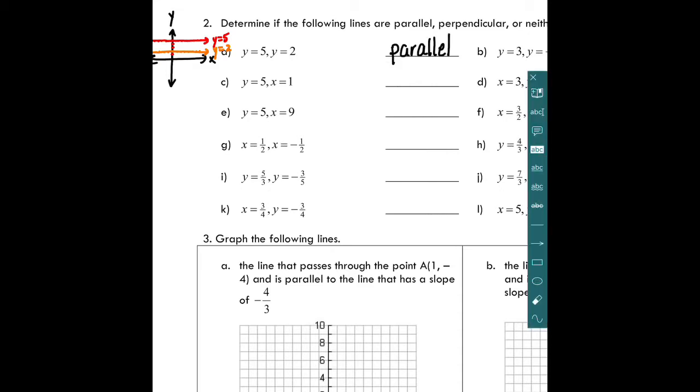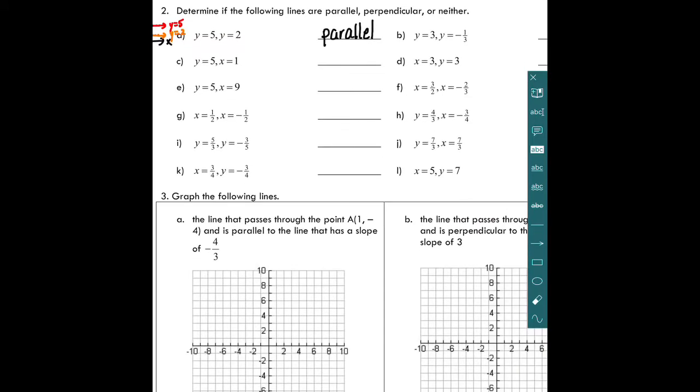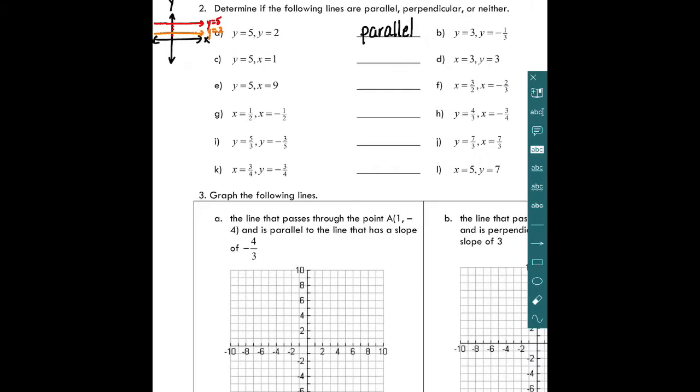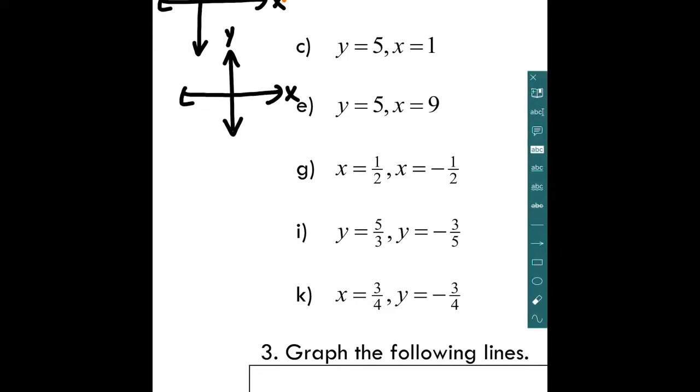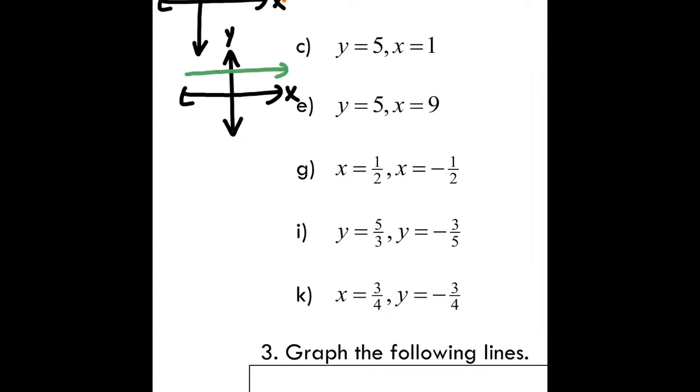Okay, now let's look at the next example. y equals 5, x equals 1. So again, just draw a sketch. Here's my y-axis, here's my x-axis. All right, so y equals 5. So no matter what x is, y is going to be 5. So I'm going to draw it up here, just a sketch.